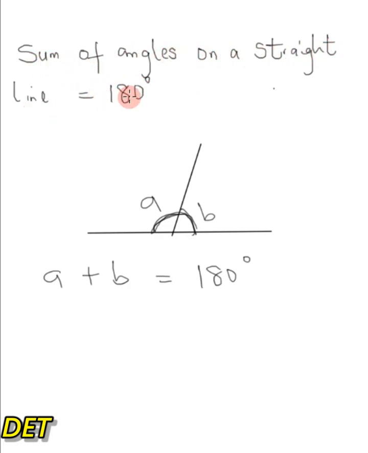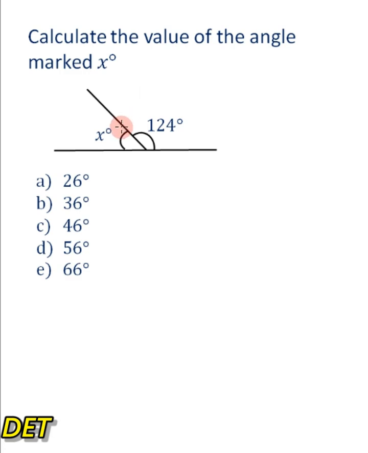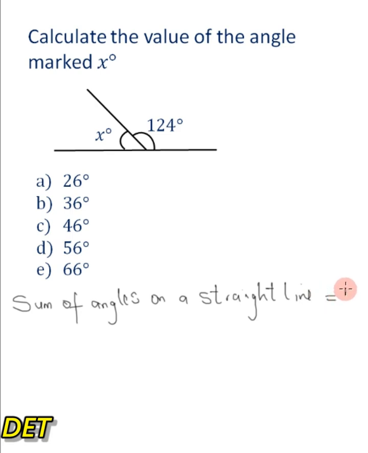So if we look at this question, you should know that the sum of angles on a straight line is equal to 180 degrees.